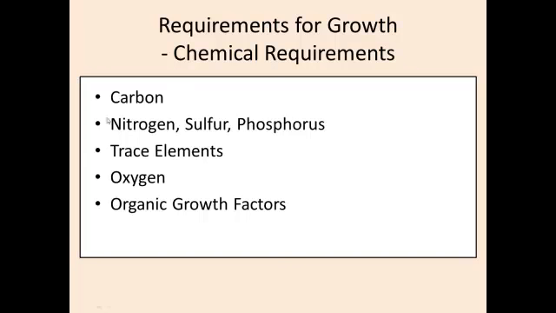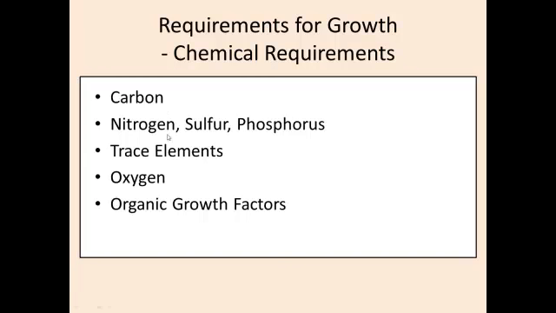All organisms need carbon, whether they supply it themselves like the autotrophs do, or whether they get it from eating other organic molecules. What do they need carbon for? Okay, everything. Carbohydrates, lipids, proteins, and nucleic acids.